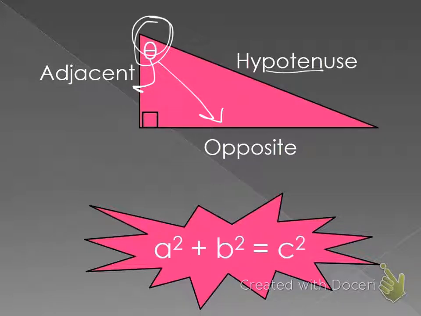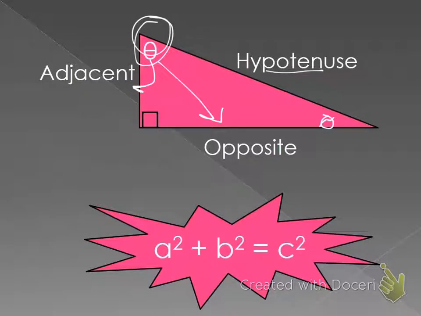Obviously, it would switch around if the angle we were referencing was over here. The hypotenuse would stay in the same place, of course. You also reviewed that the Pythagorean theorem is what we use to find missing sides of a right triangle if we have 2 of them. But if we don't have 2 of them, then we have to fall back onto our trig.